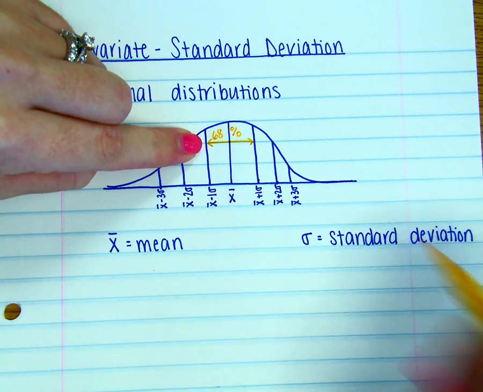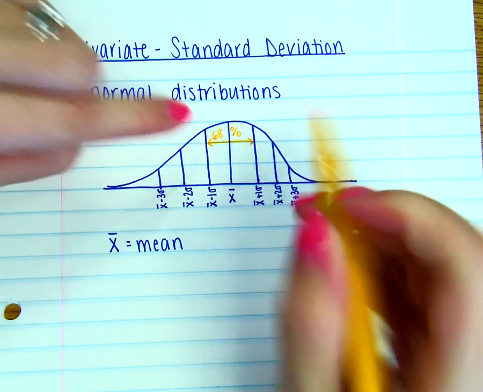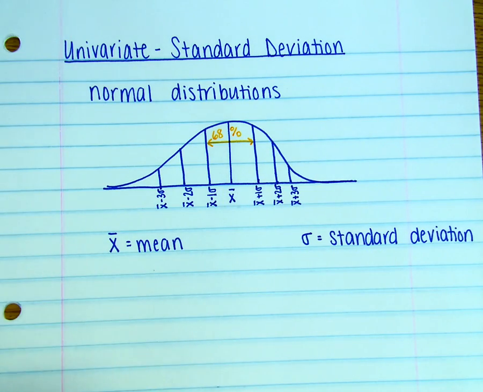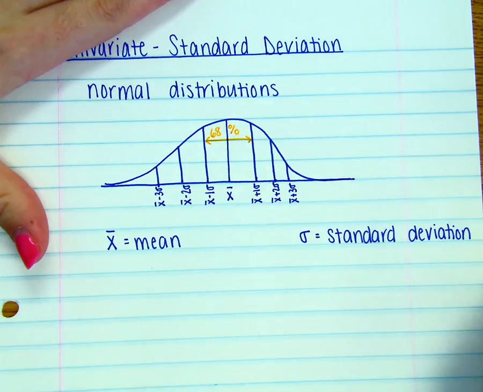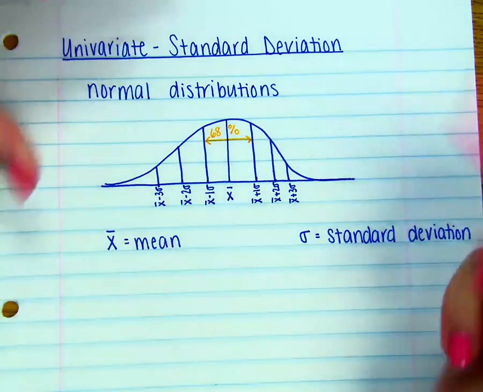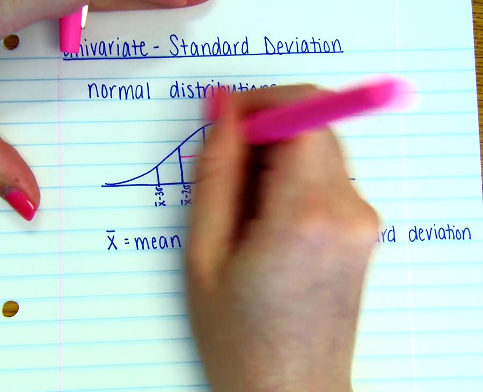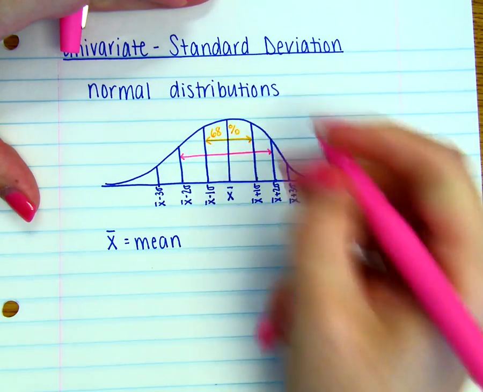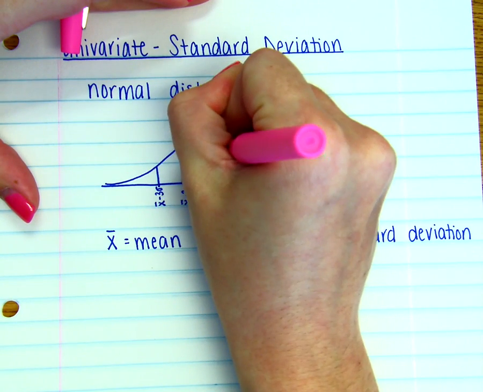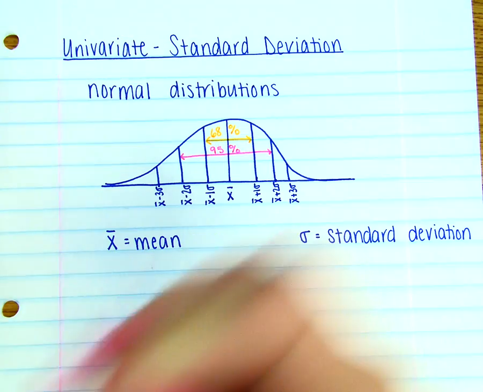So 68% of the data is within 1 standard deviation of the mean. So 1 box to the left and 1 box to the right. 2 standard deviations away, so 2 boxes to the left and 2 boxes to the right, represents 95% of the data.